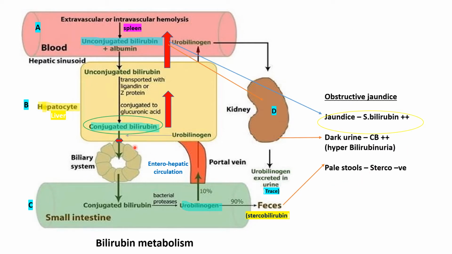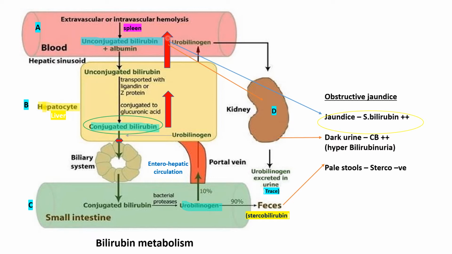Now, let's see what happens when there's a blockage of the bile ducts, shown by this red arrow. What happens to this bilirubin then? The conjugated bilirubin is unable to reach the small intestine, and as a result a high concentration of conjugated bilirubin builds up within the liver, and this then refluxes into the circulatory system and is carried in the blood, and a high level of conjugated bilirubin is obtained in the circulation.